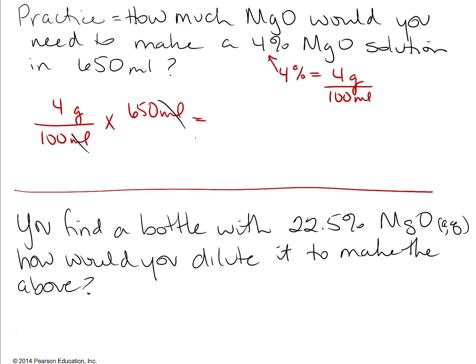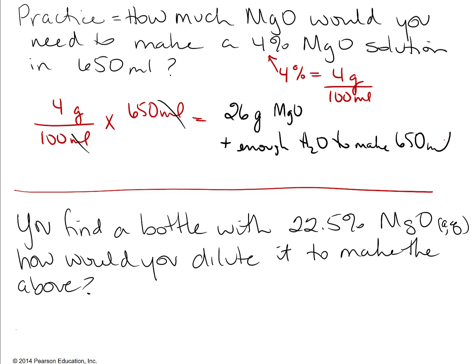Milliliters and milliliters will cancel. 4 times 650 divided by 100 is? I got 2.6. What'd you get? 26? Might have done something with my math. Well, that makes sense, because 4 per 100, and so 6.5 times. So 26 grams of the magnesium oxide plus enough water to make that 650 milliliter volume.